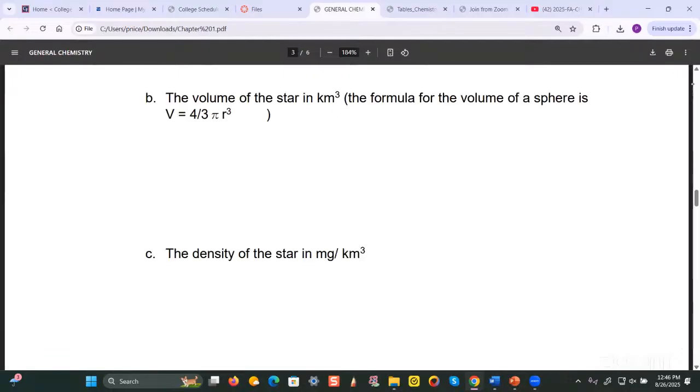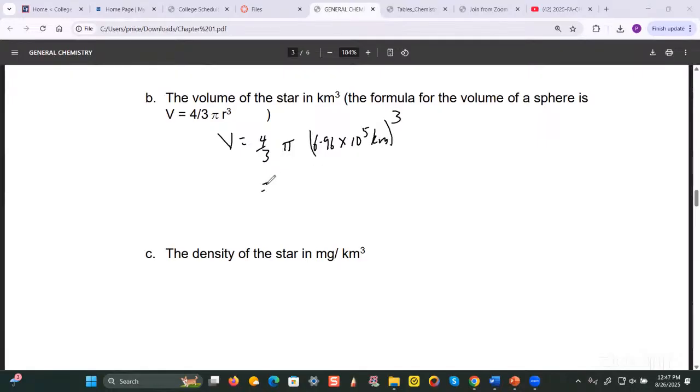Basically it's a matter of plugging these numbers in. In this case, V will be equal to 4/3 times pi, and the radius of the star is 6.96 times 10 to the 5 kilometers, cubed.